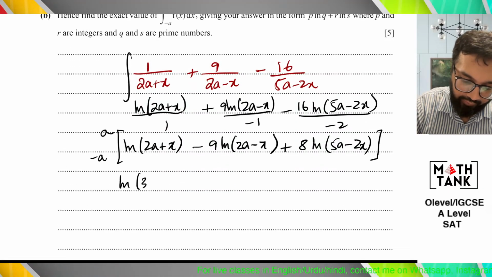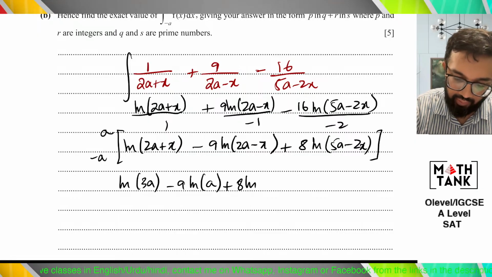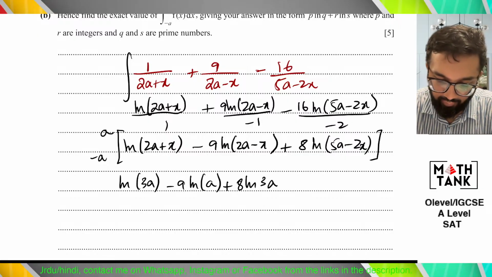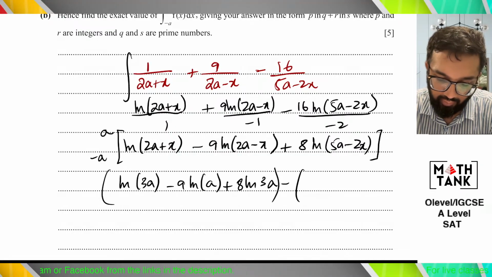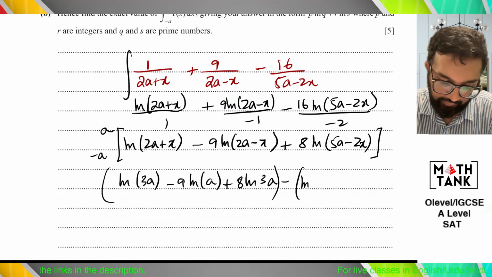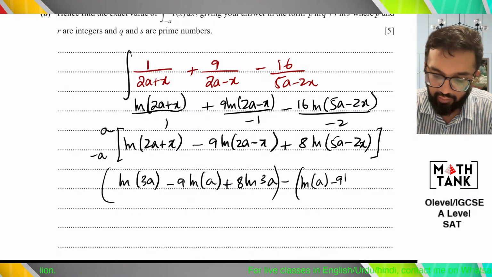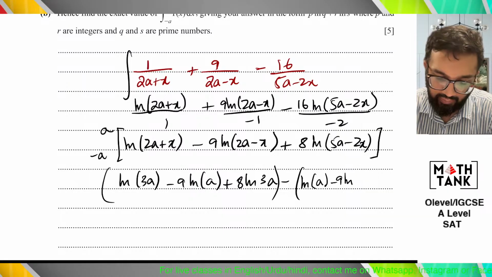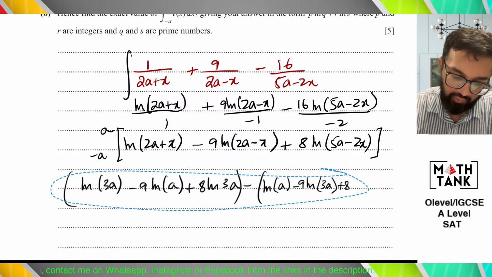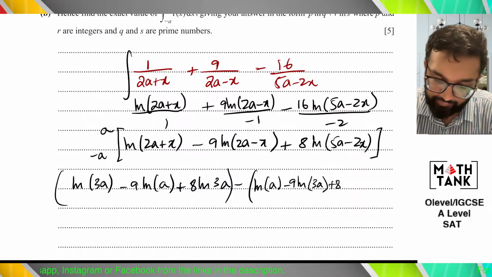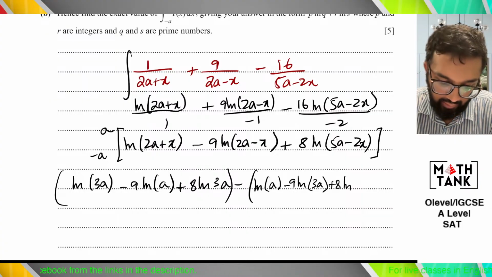So ln 3a, a, 3, ln a minus 9 ln 3a, 8 ln 7a.